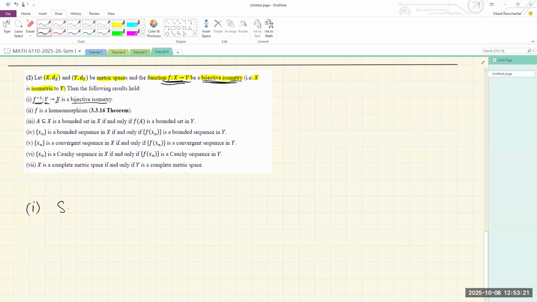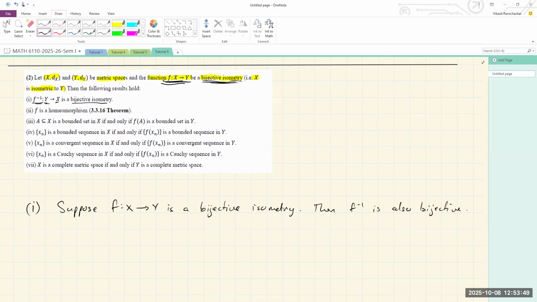So suppose, let's say, f from x to y is a bijective isometry, then f inverse is also bijective. Okay, because remember a function is bijective.